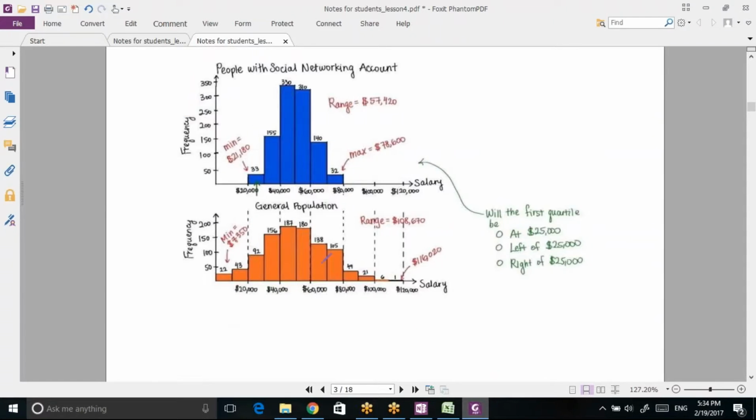Now the question here is, will the first quartile be at $25,000, left of $25,000 or right of $25,000? You have 1000 values. Think and answer. These are the 3 options you have. Where will the first quartile lie?